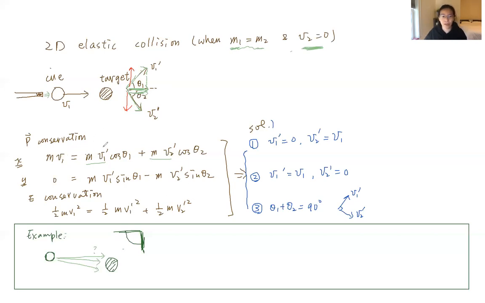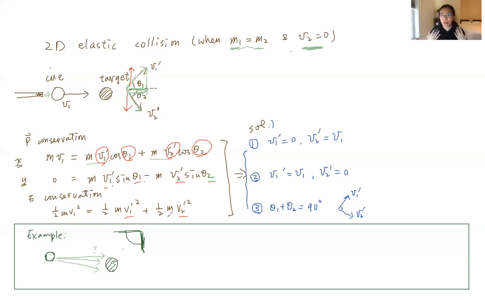So in total, we have 4 unknowns, but only 3 equations. No matter how hard we try, we cannot really solve for v1 prime or v2 prime.